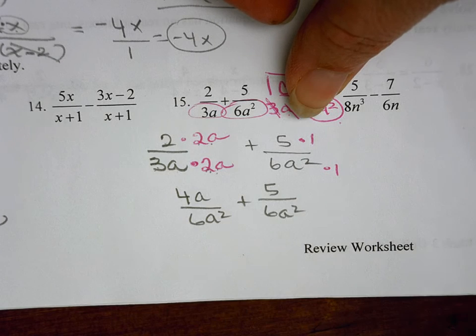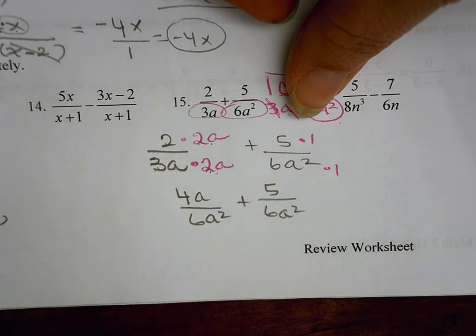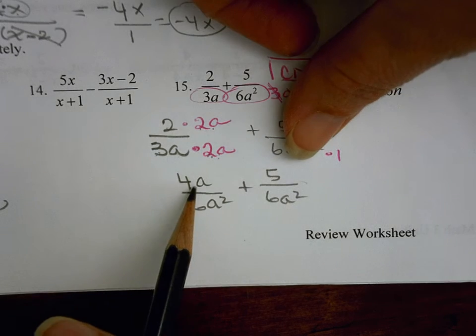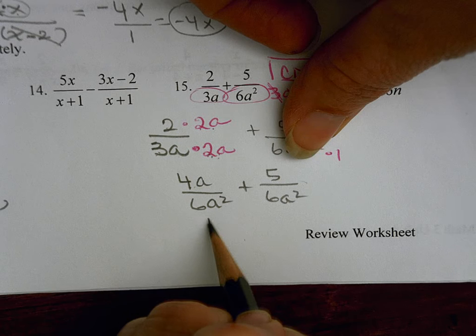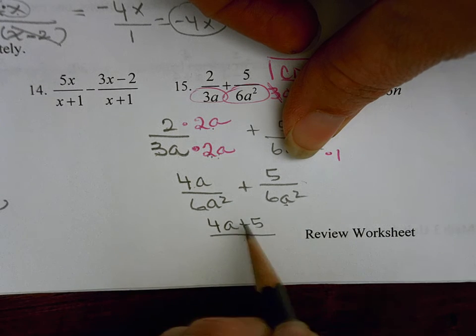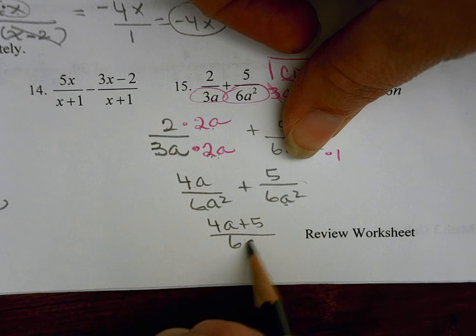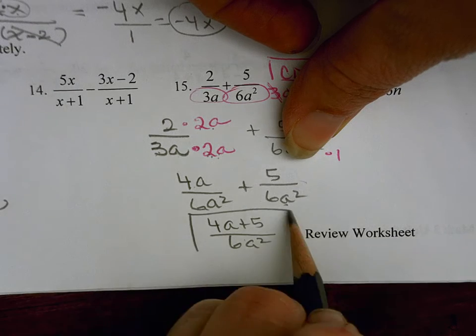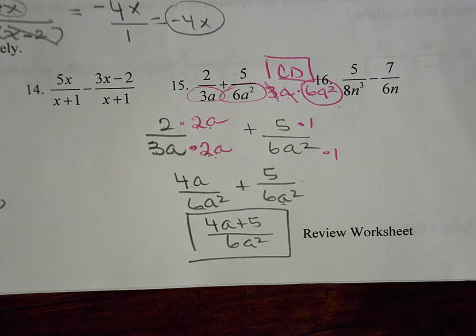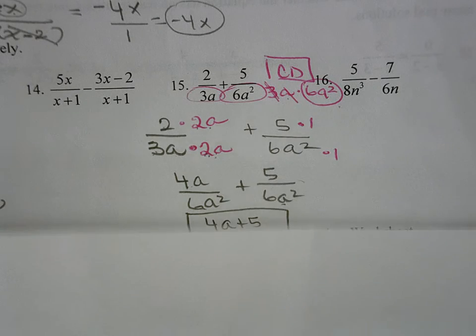And then as soon as I have a matching denominator, I need to just combine. And so I have nothing to combine in the top, right, because 4a won't combine with 5. So it would just stay 4a plus 5 all over the common denominator of 6a squared. Okie doke? Okay.